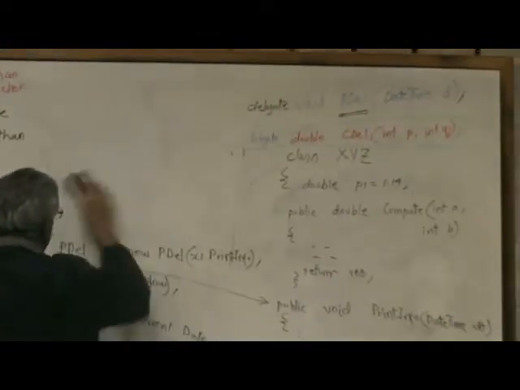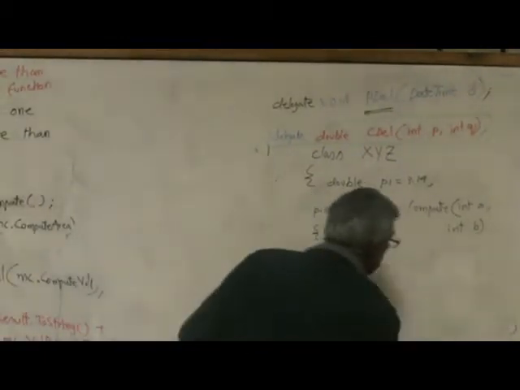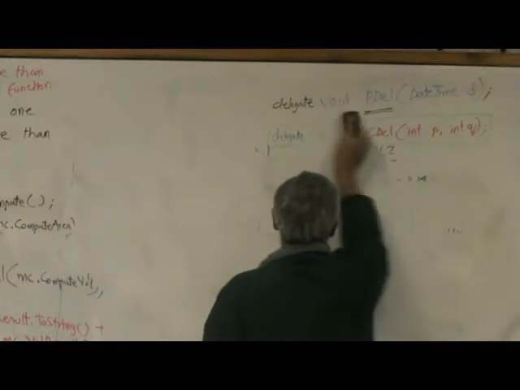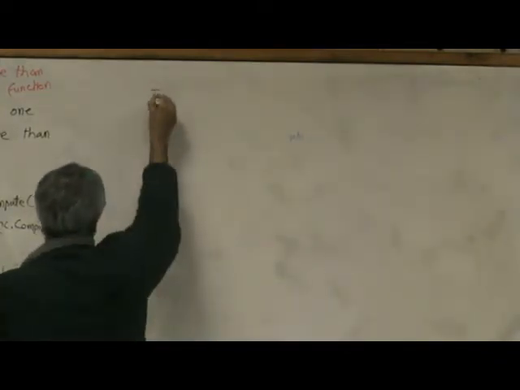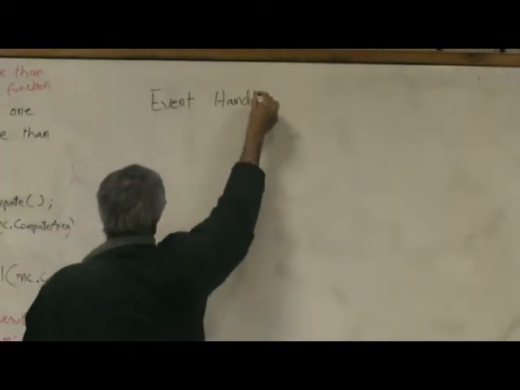And we can simply use them to point to whatever function we feel like it. Okay, so now let me describe the concept how event handling is done in .NET.